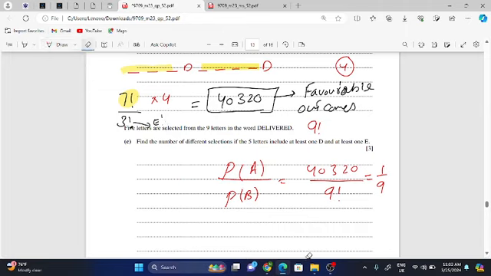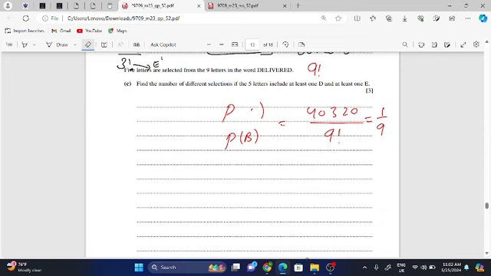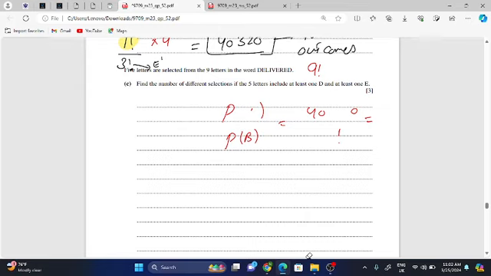Okay, next is find the number of different selections if the 5 letters include at least one D and at least one E. So 1 D and 1 E. You have to create all possible samples through which you can arrange these letters.